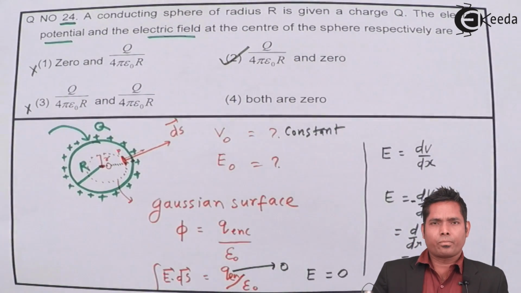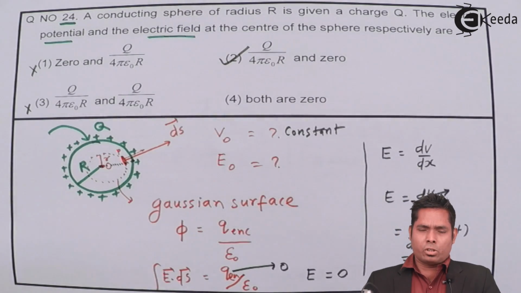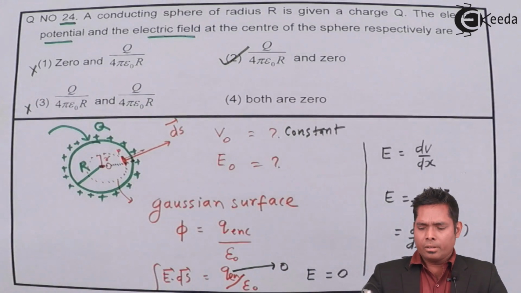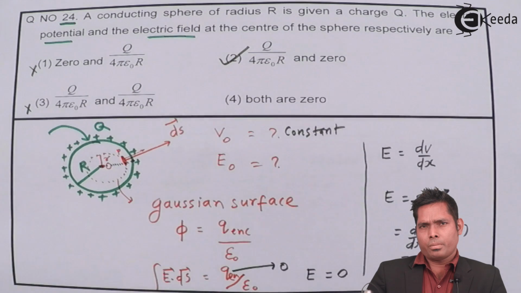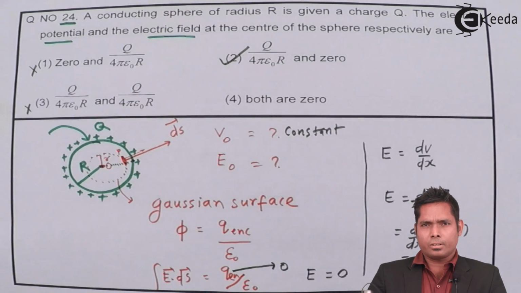For any interior point of a conductor, the electric field is always 0, because the electric field cannot exist within the conductor.